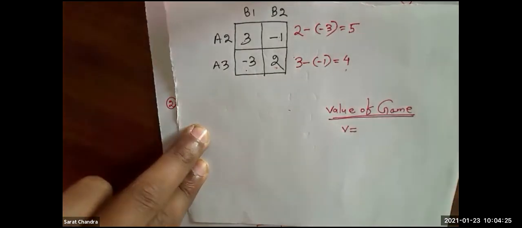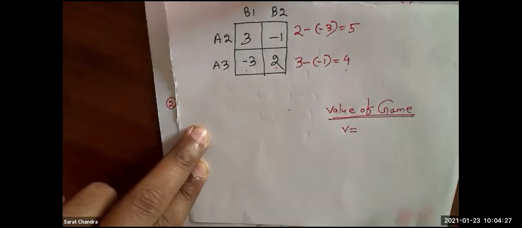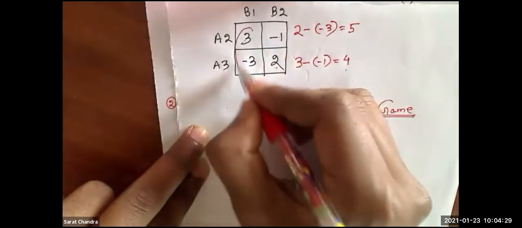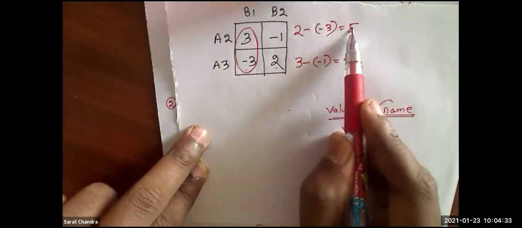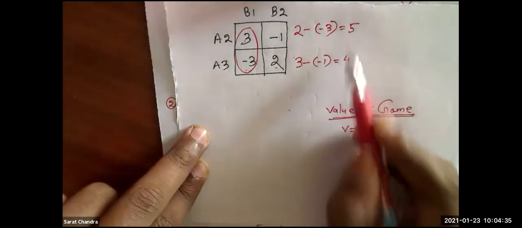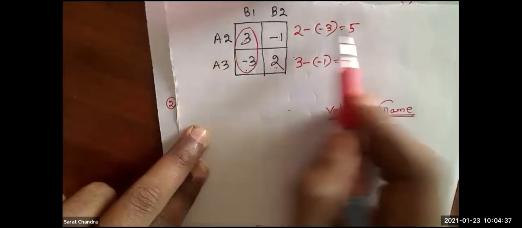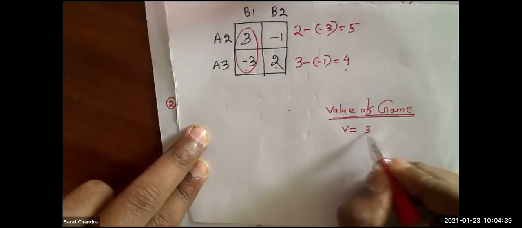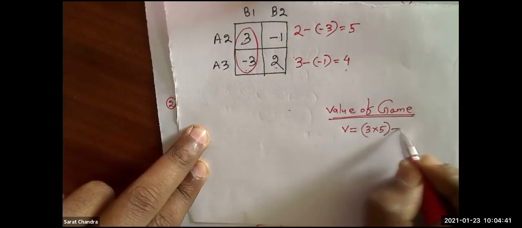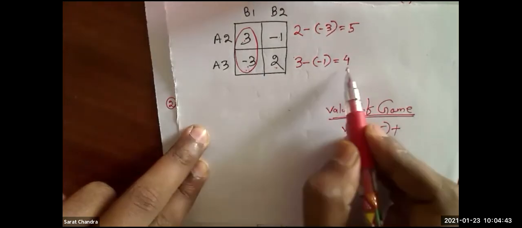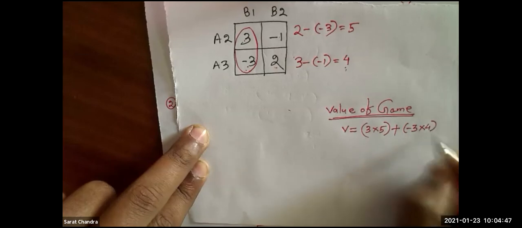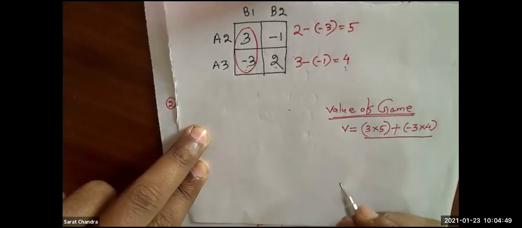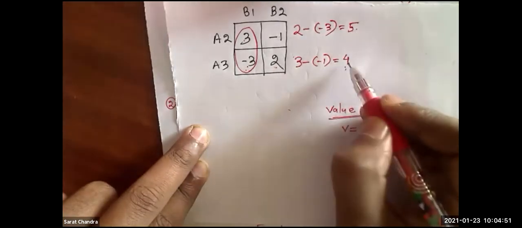V equals, the trick I told you: you take any column, multiply with the oddments and divide by the sum of the oddments. So 3 into 5, plus minus 3 into 4, divided by the sum of the oddments 5 plus 4.